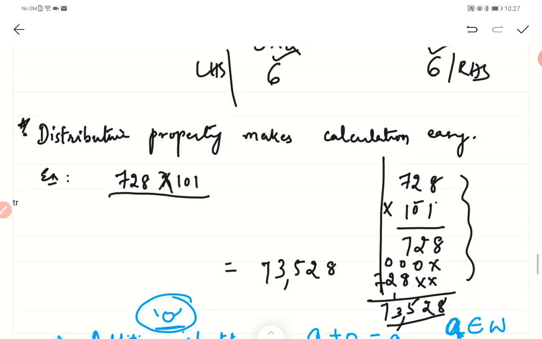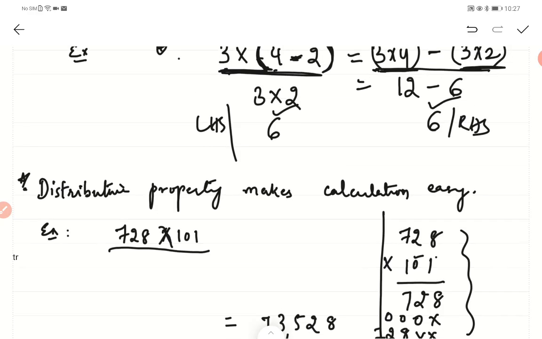Now I can simplify my multiplication. Instead of going like this, I will use a very easy method by using the distributive property. What I will do is write this as 728 into, and I'll take this 101 as 100 plus 1.